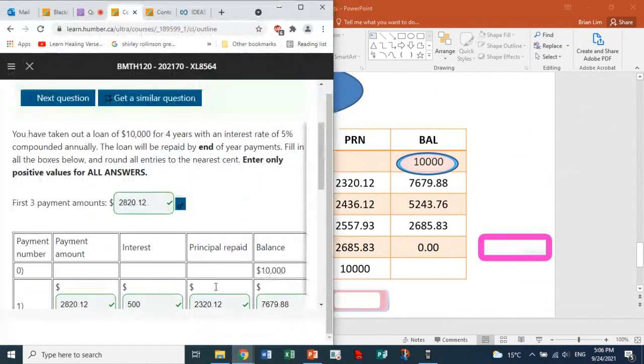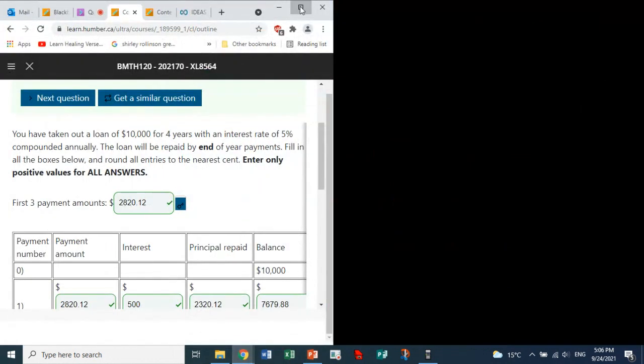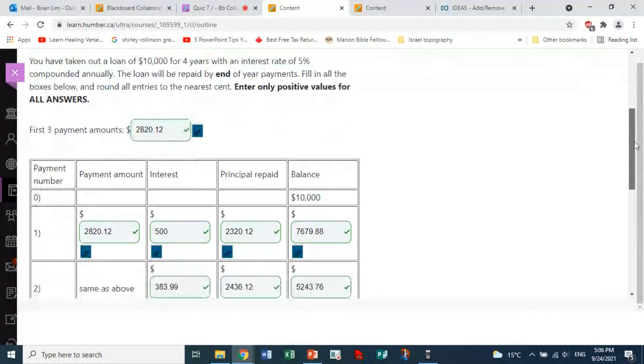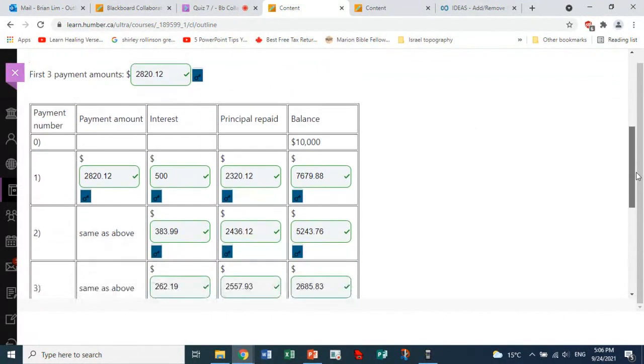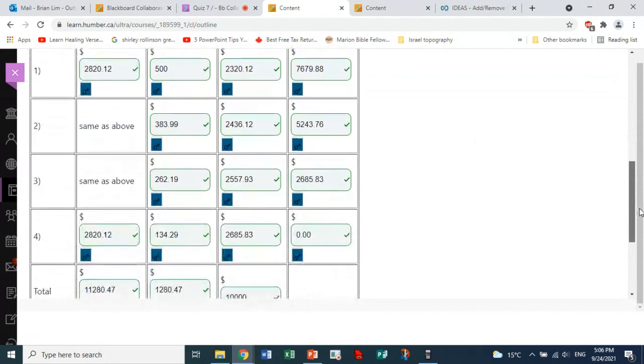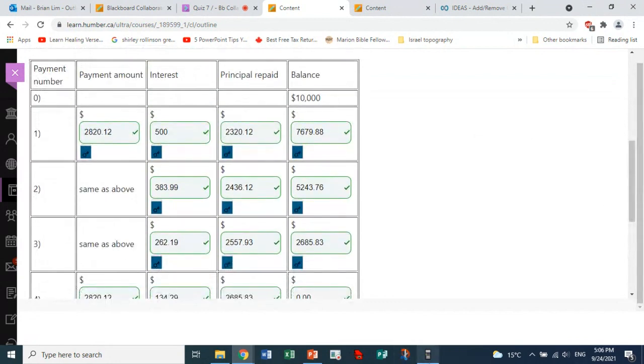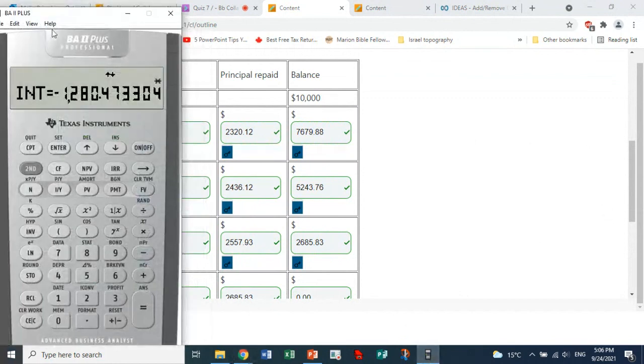All right. So let's go back here. We can enlarge this. And now we can see the whole scenario. So first we calculate the payment, and then we use our calculator and get into the amortization table. To generate the amortization table, we go into the amortization menu.